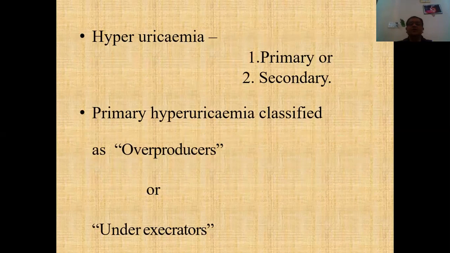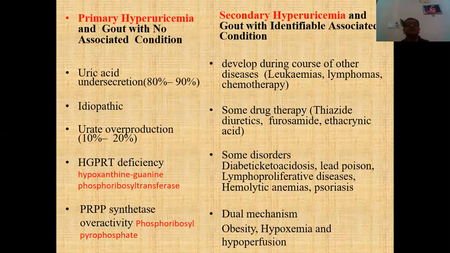Hyperuricemia is mostly of two types, primary as well as secondary. Primary hyperuricemia is classified as overproducers or underexcreters, or we can say less excreters. Now let's see the difference between primary hyperuricemia and secondary hyperuricemia.